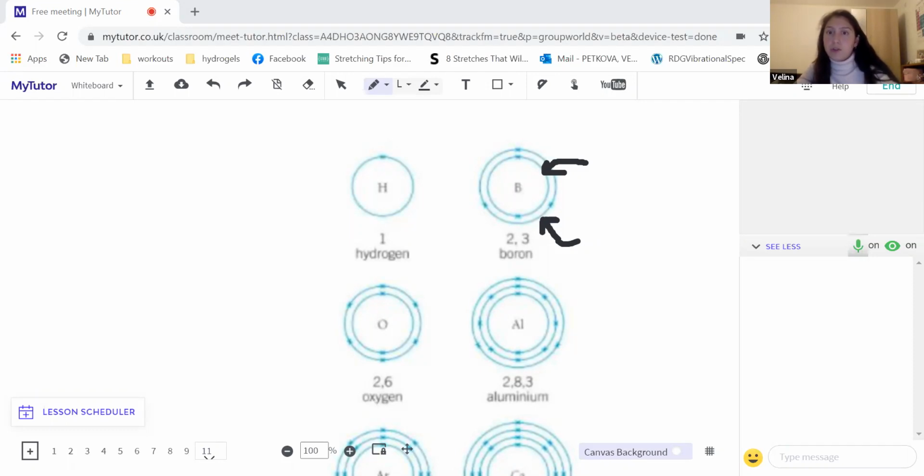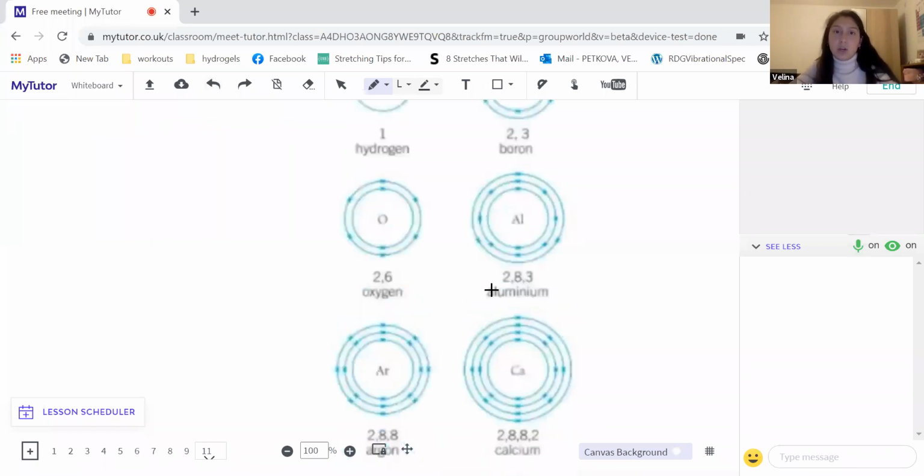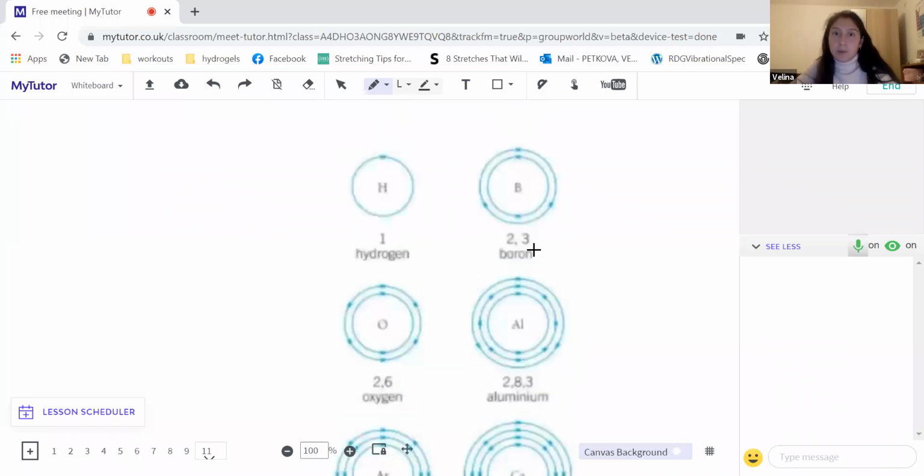So what are dot and cross diagrams? Dot and cross diagrams are a way of expressing your electronic structure, like we can see here. We put our nucleus in the center of our atom, and on the outside we have our electrons orbiting in different energy shells. At the bottom you might see the electron configuration written with numbers.